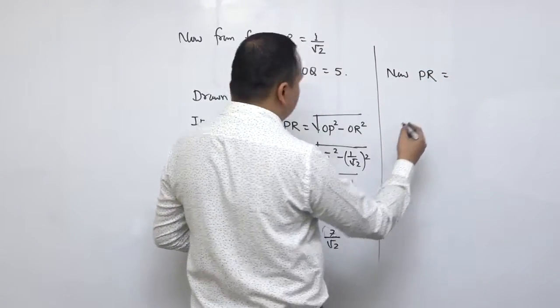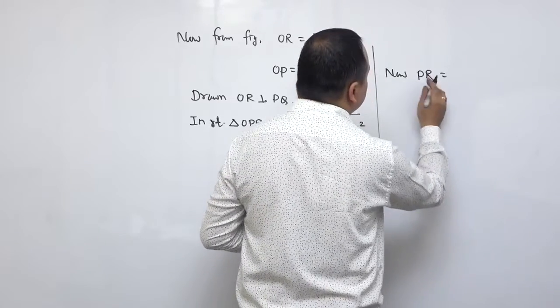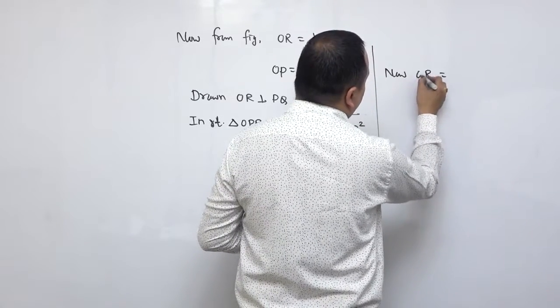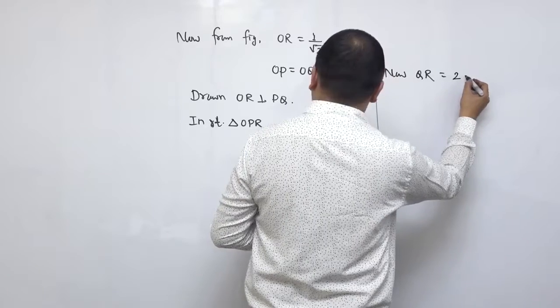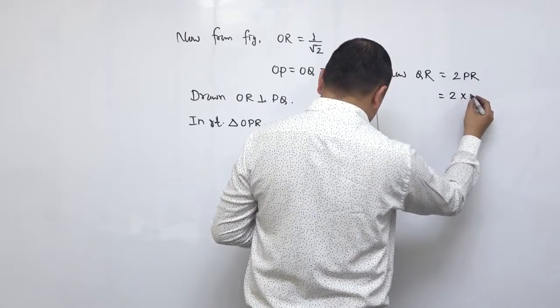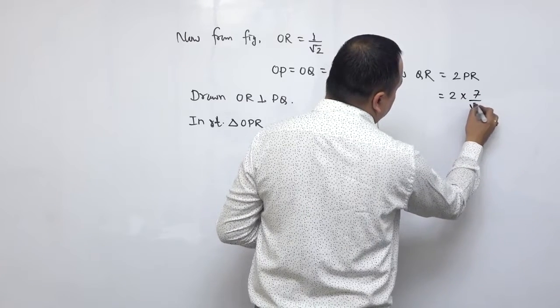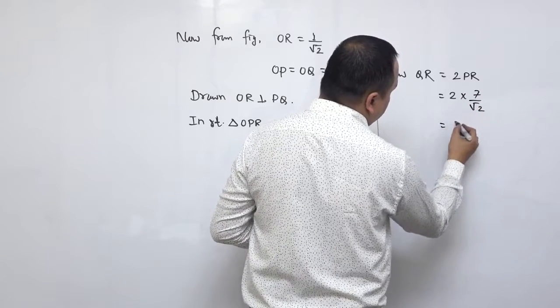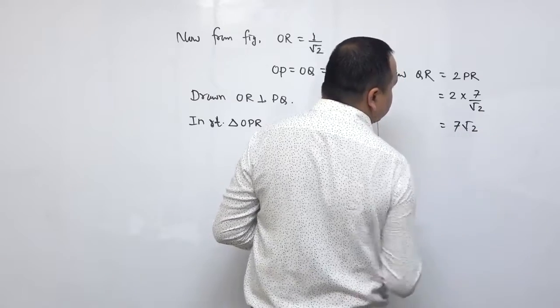PR is 7 upon root 2. Now QR is 2 times of PR. This is 2 into 7 upon root 2. This is 7 root 2.